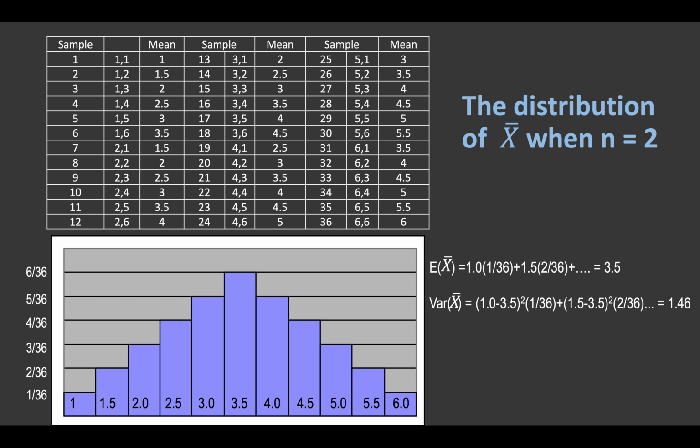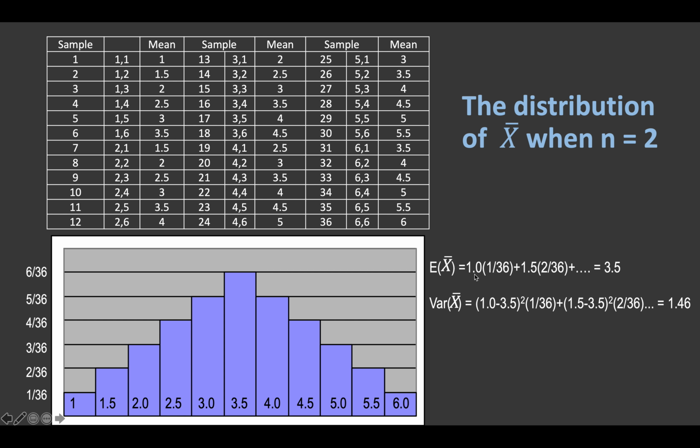Based on that, we can calculate the expected value and the standard deviation of the sample mean. How do we do that? For each value, we multiply by its chance and add them together. That's our expected value.